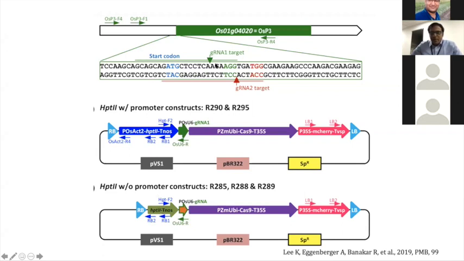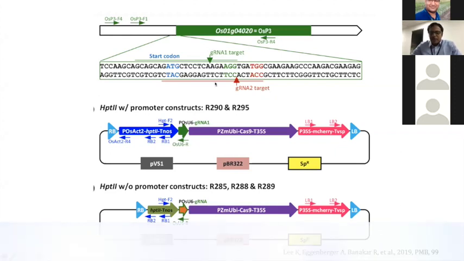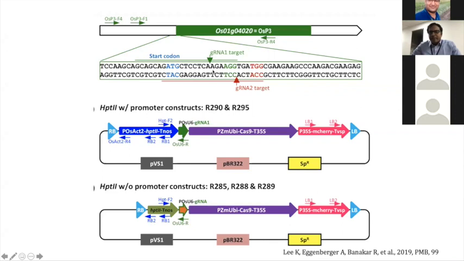So we targeted a region adjacent to the promoter, and we wanted to introduce these cassettes in that region. The idea was that if a cell survives on hygromycin selection, it could be because the construct was integrated right next to an endogenous promoter, which was driving the expression of the selectable marker.